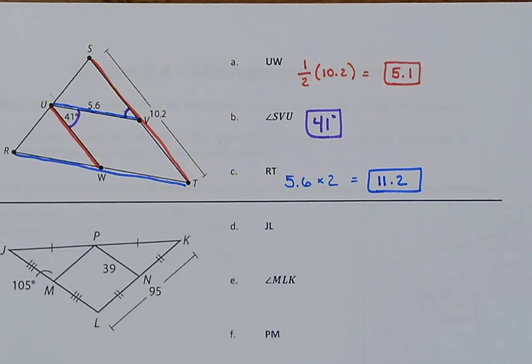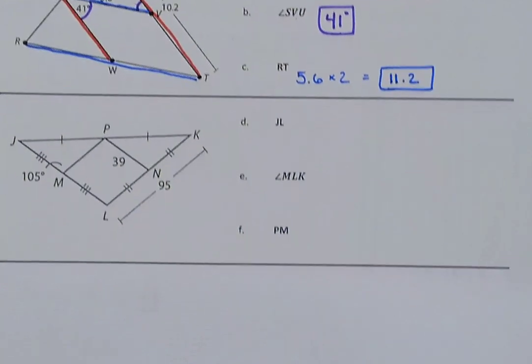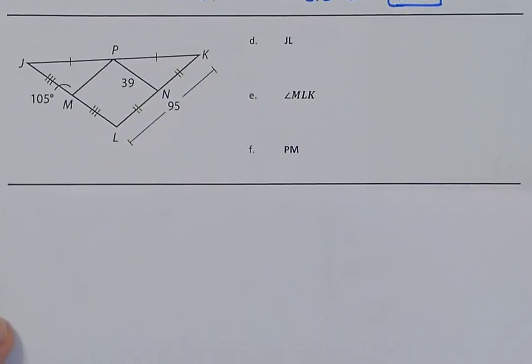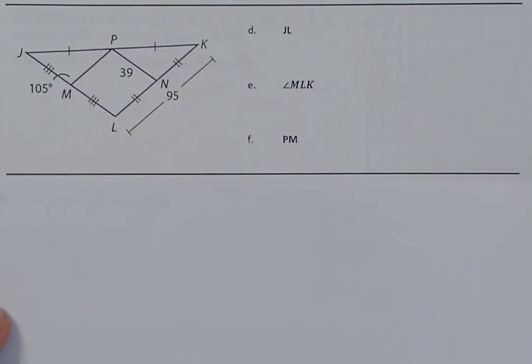Next, we're going to take a look at our second diagram to figure out parts D through F. We are given another diagram, the triangle JKL, and again we have two mid-segments drawn for us.